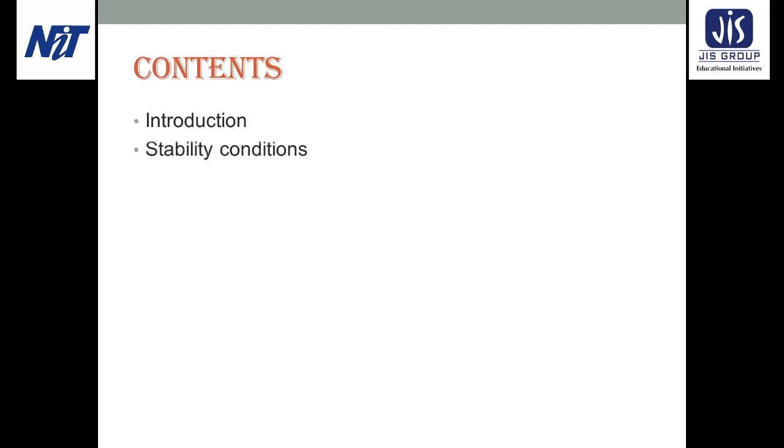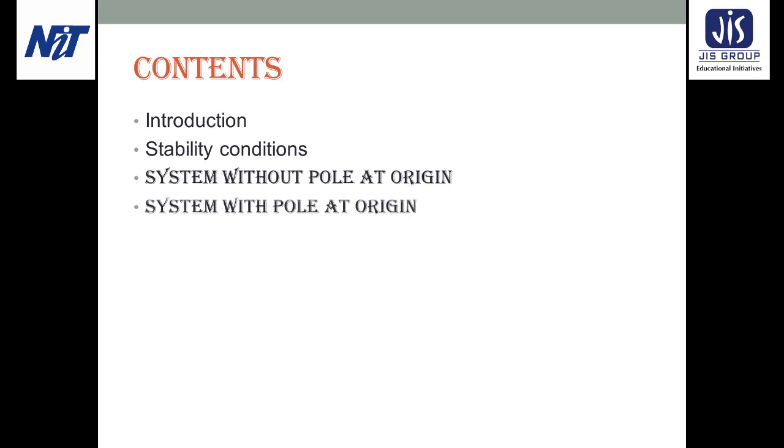Now in this video we will discuss the stability conditions using Nyquist criteria and examples of systems without a pole at origin and with a pole at origin, and the references.